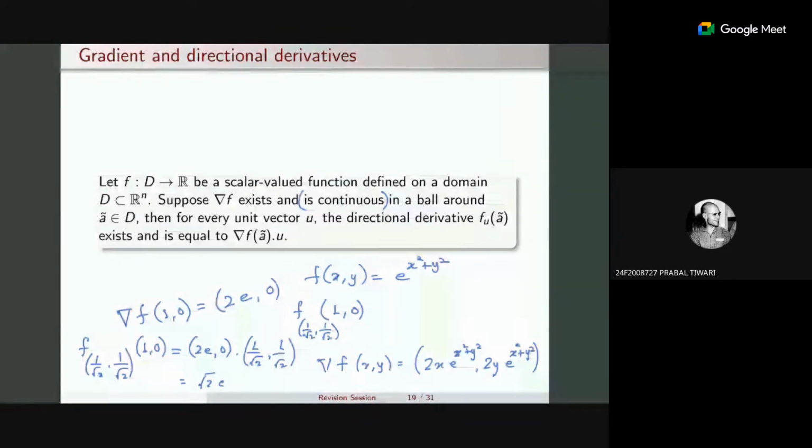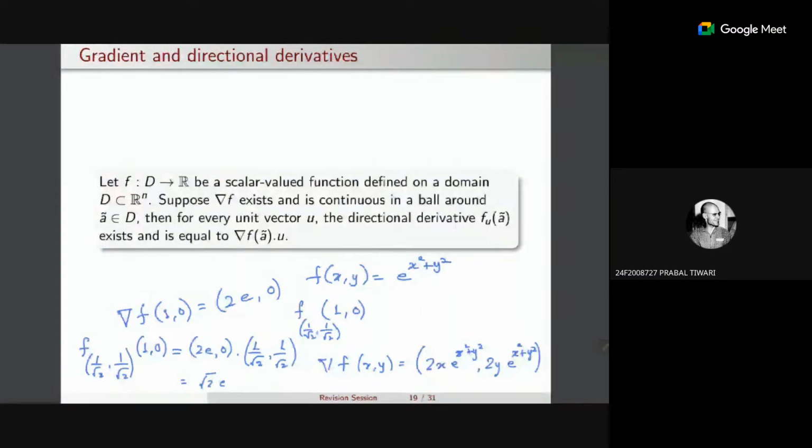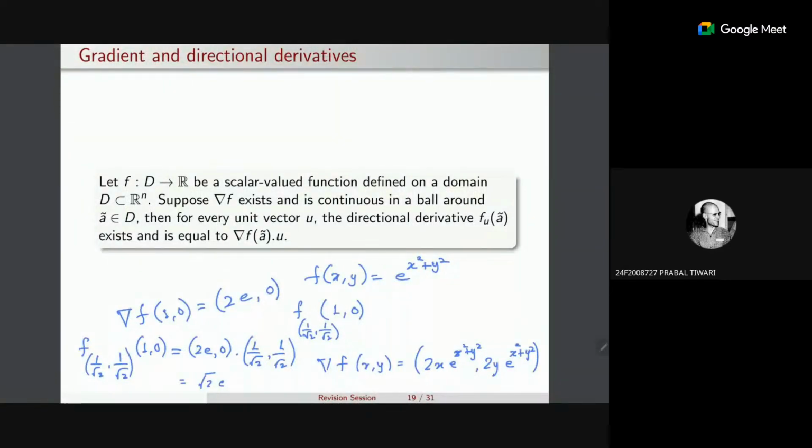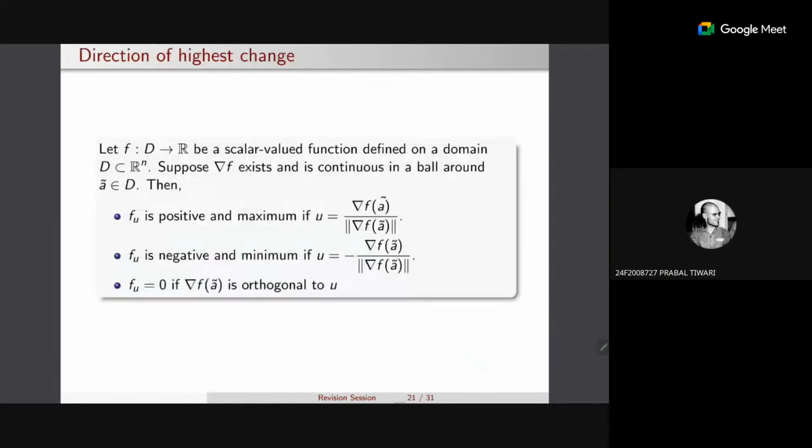So the continuity of the partial derivatives is very, very important. This is a common trap, where you just use this result without verifying the continuity of the partial derivatives and you go wrong. Right?